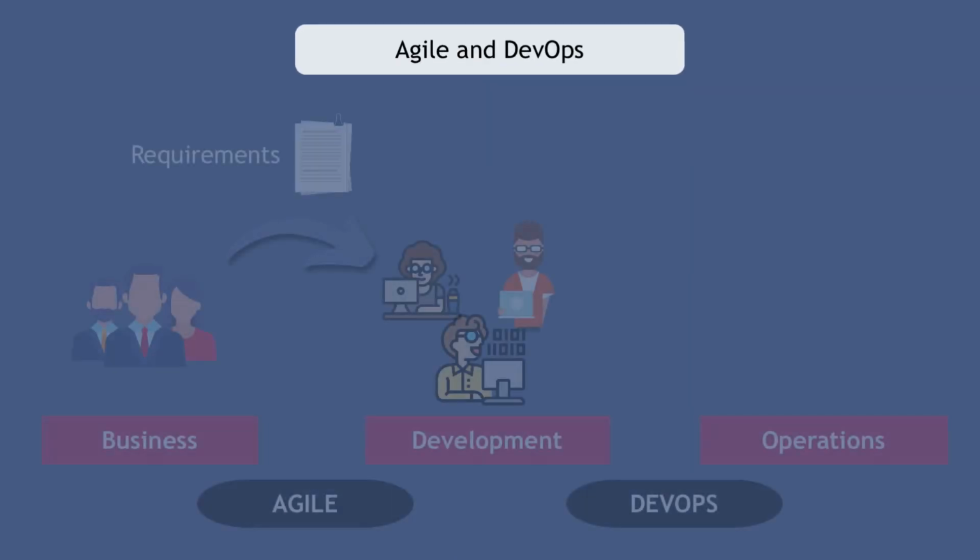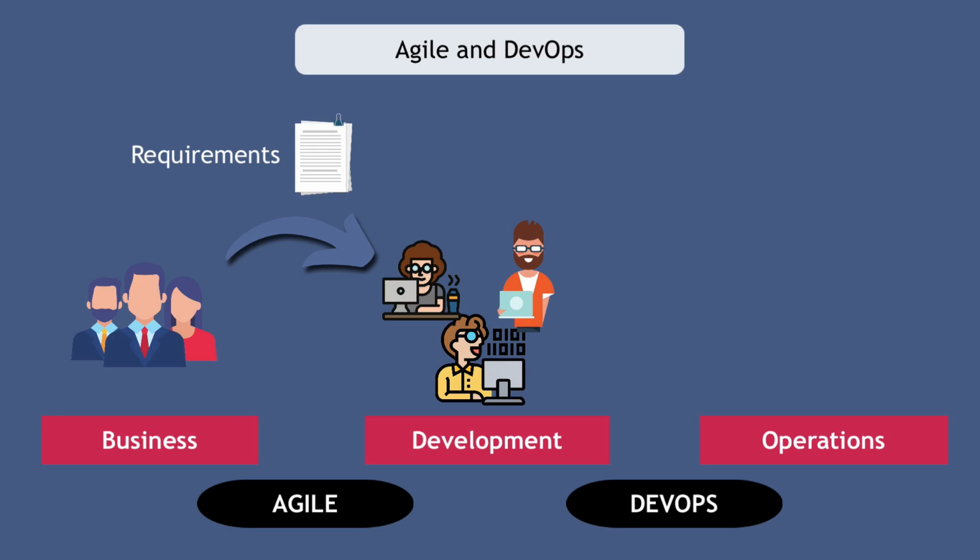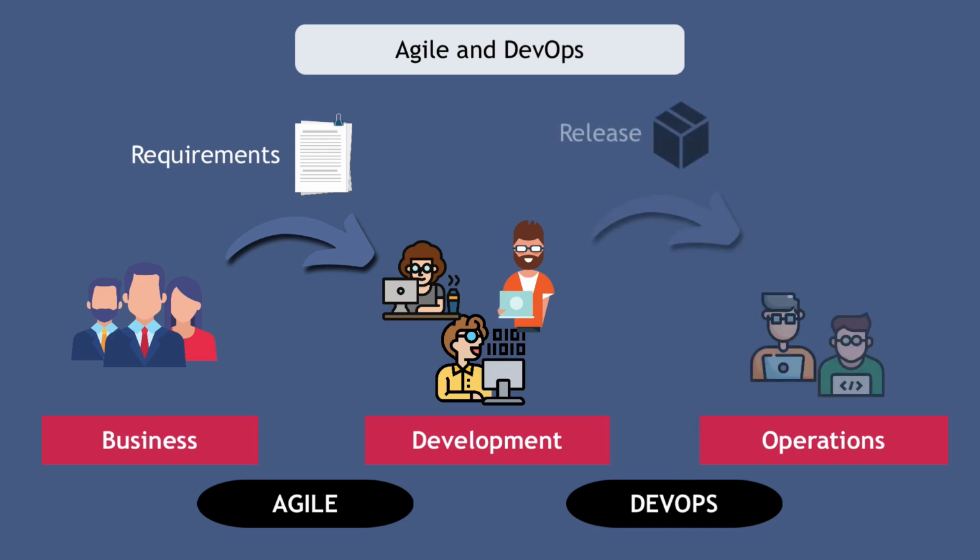And the Agile methodology introduction or adoption in so many companies has actually supported the need for DevOps tasks, because DevOps is actually implementing the best practices or some of the best practices that the Agile framework introduces.